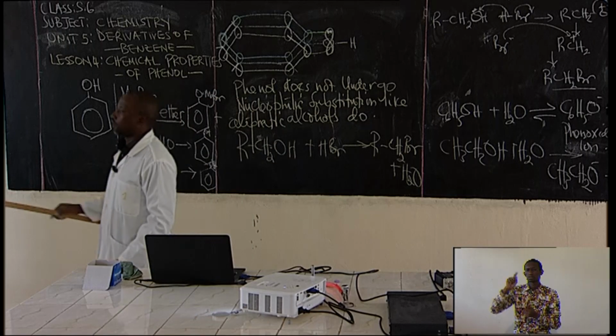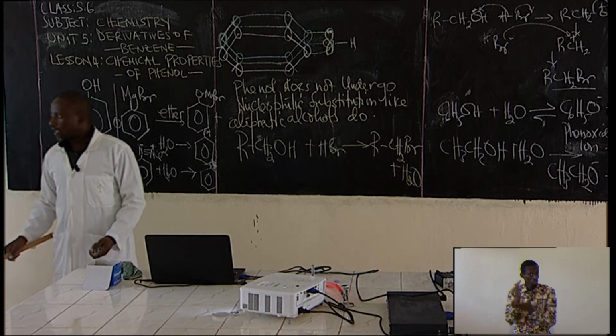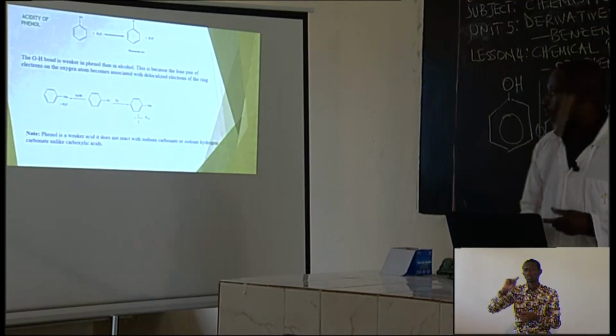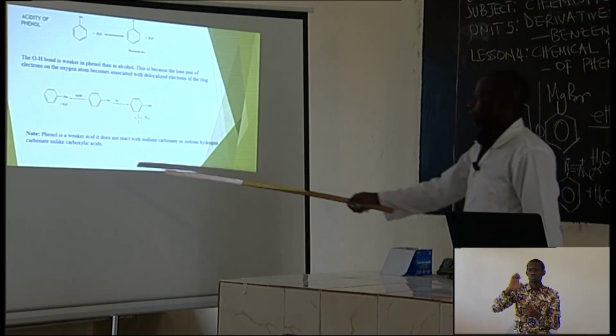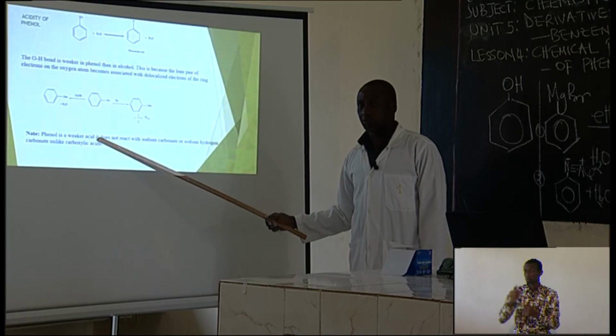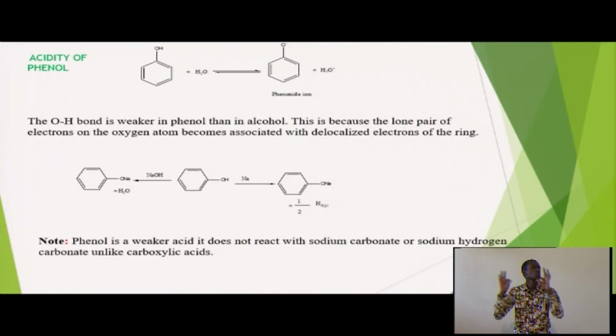That is why phenols react in the oxygen atom. Phenol, and this is a very important note that we shouldn't forget, is a weak acid, and it does not react with sodium carbonate or sodium hydrogen carbonate, unlike carboxylic acids.